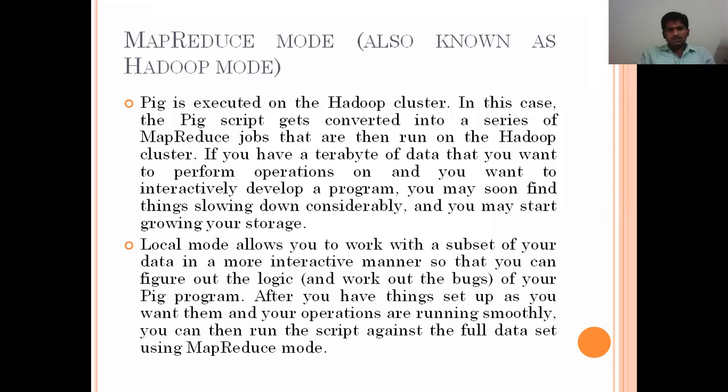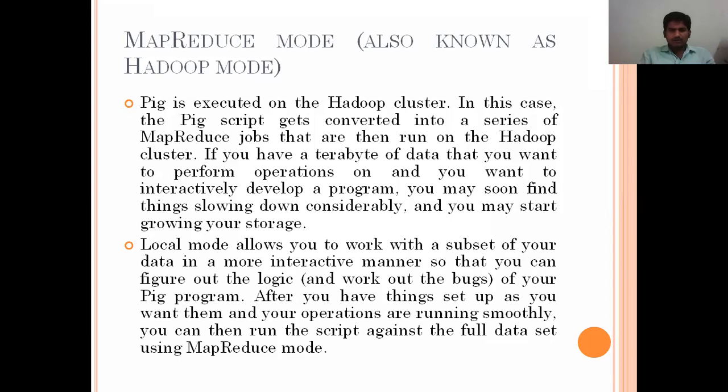So local mode allows you to work with subsets of your data in a more interactive manner so that you can figure out the logic. By running in local mode, we can see one statement at a time, what the logic is and how it works out, along with the bugs in your Pig program.